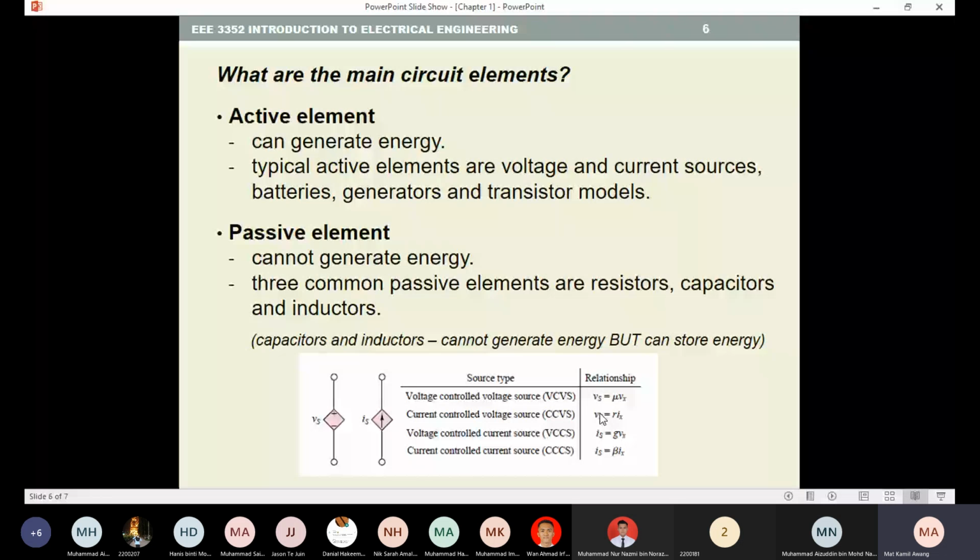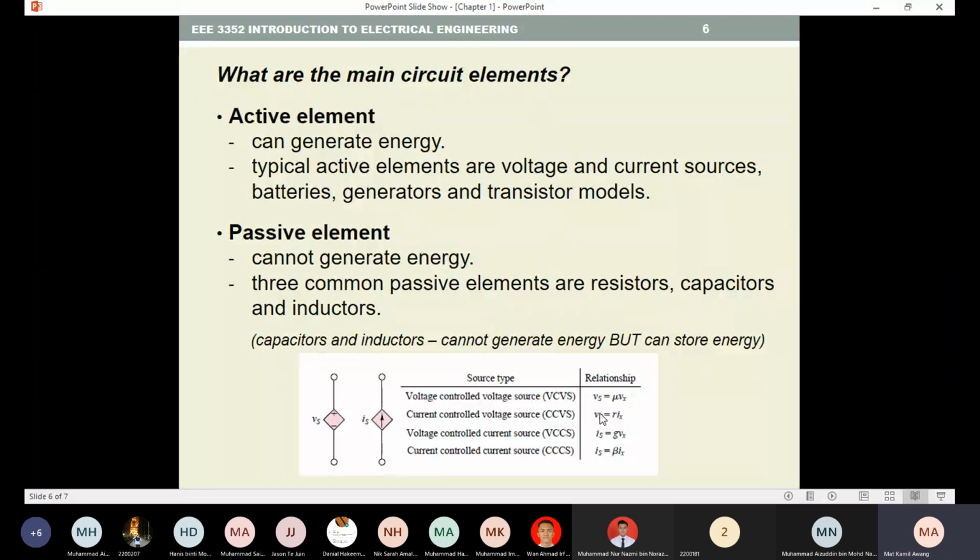Active elements are characterized by the fact that they can generate energy. So they produce energy. Typically active elements are voltage and current sources, for example, batteries, generators, and transistors. Okay, so these are the active elements.